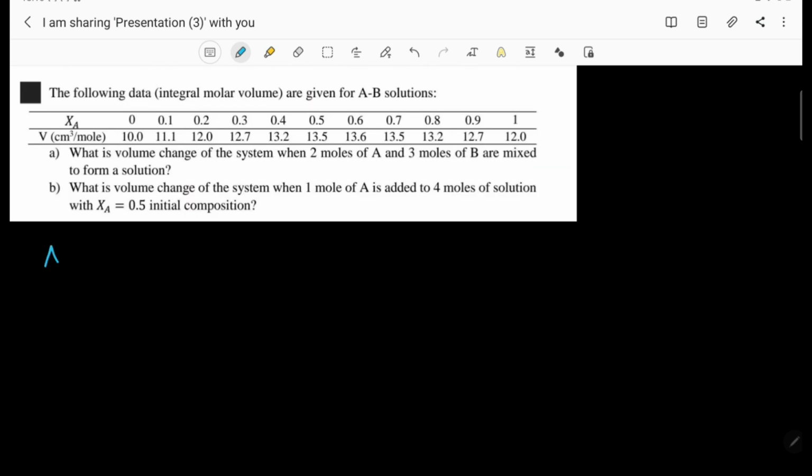Now we have to find delta V2, which is going to be simply V double prime, which is going to be a different integral volume, minus the pure components volume, which is going to be Na plus 1, because we've added our 1 mole of A in the solution, VA naught, plus NB VB naught.